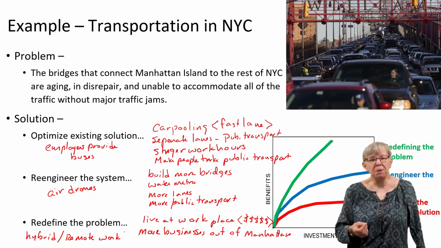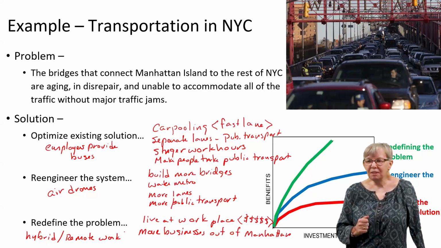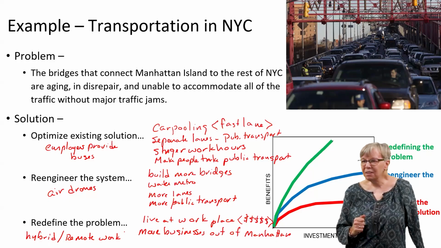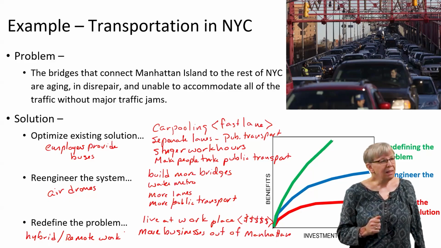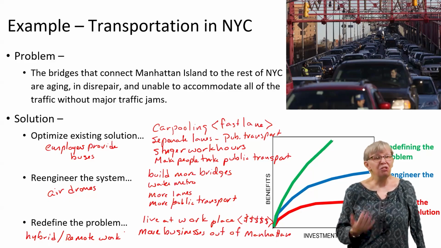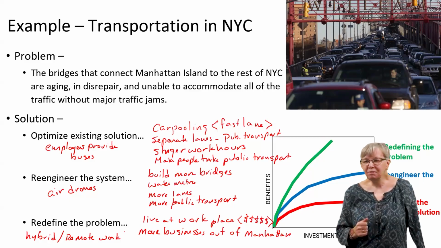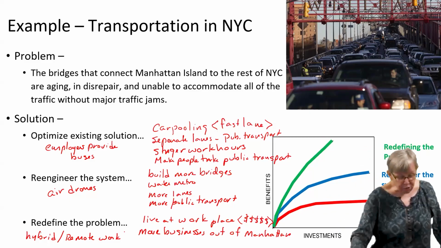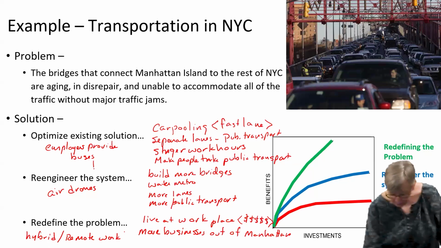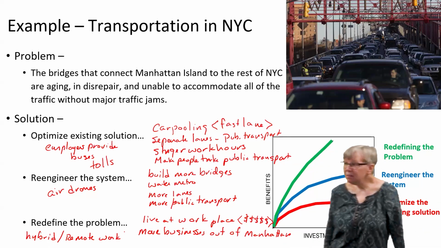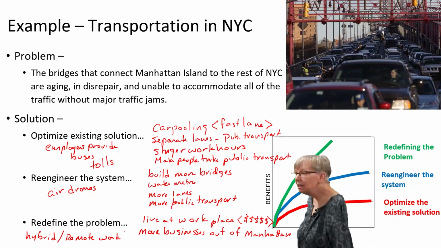How else might you keep people off the roads? Something that nobody mentioned here. Any ways that you might discourage driving on the roads? Charging. So you could have tolls, right? Say that again. Cycle ways promote cycling.